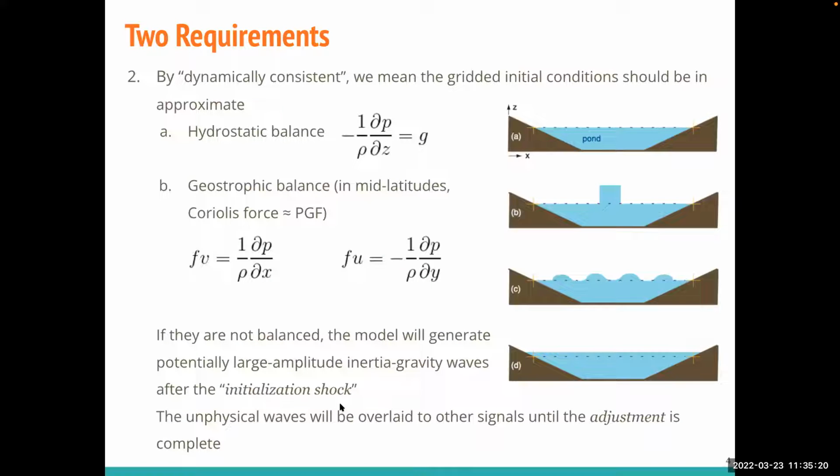Okay, so the second requirement, by dynamically consistent, we are talking about the different balance situation. For example, hydrostatic balance. You want to have a balanced data. So P here, the pressure here, if you don't want any signal coming from your data, you want that to be balanced with your gravity, okay?